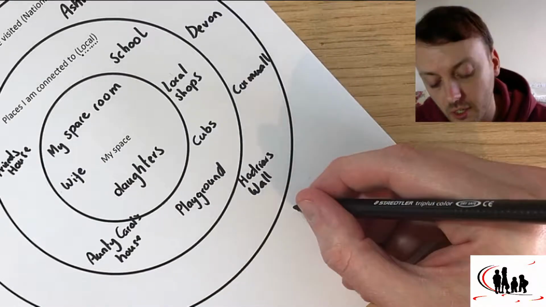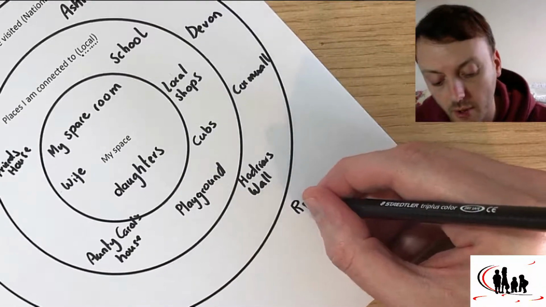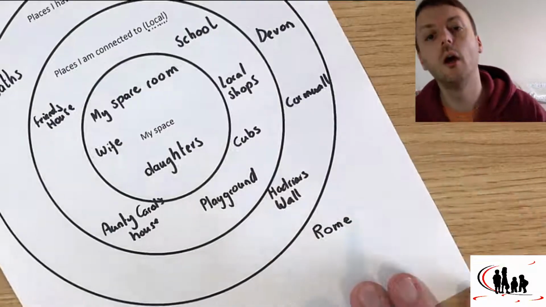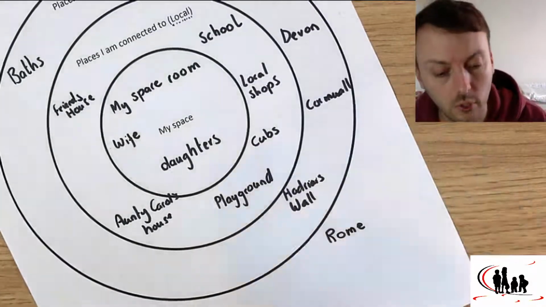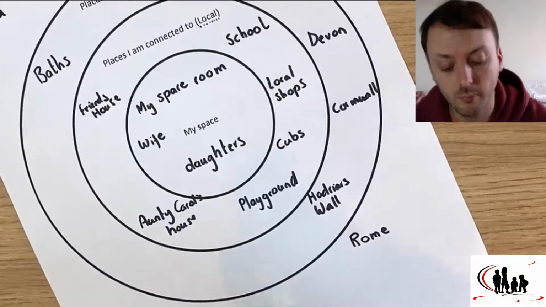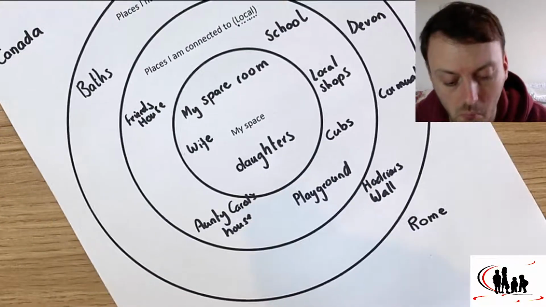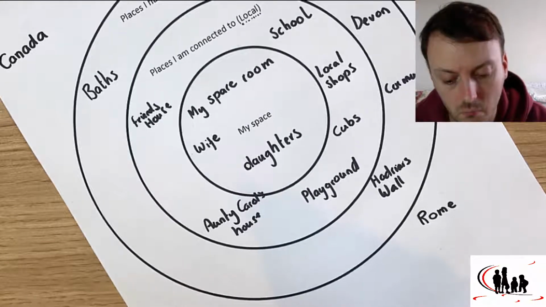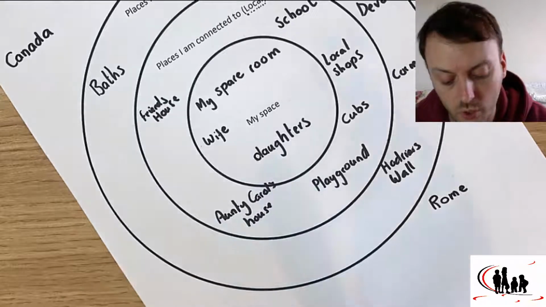I'd like to go to Rome, which is a town, not a country. Depends on how you look at it. So I quite like to go to Rome because I like Roman history. Where else would I particularly like to go to? Or just places that I've heard of.